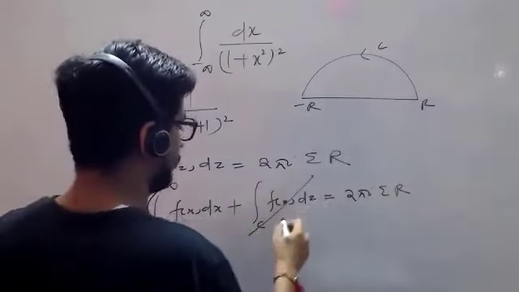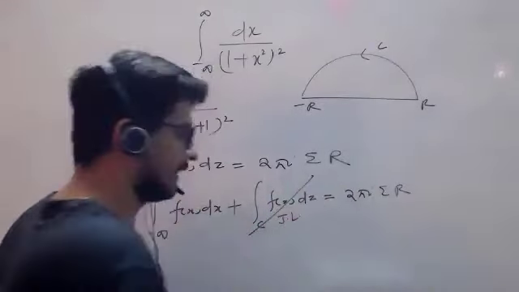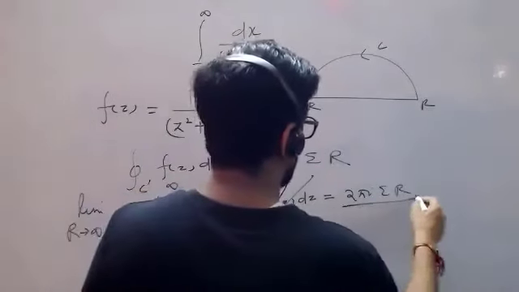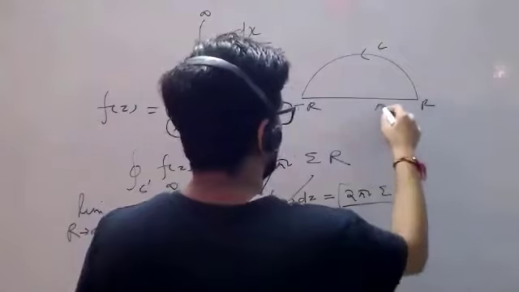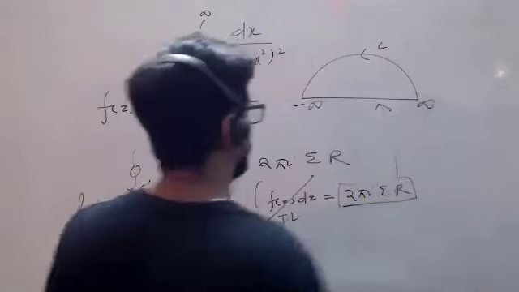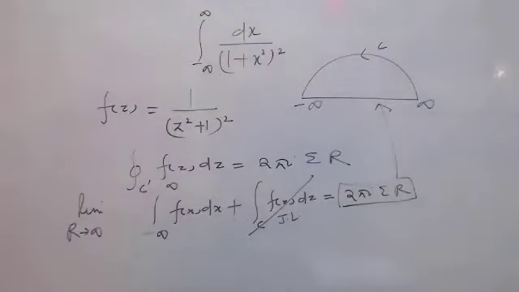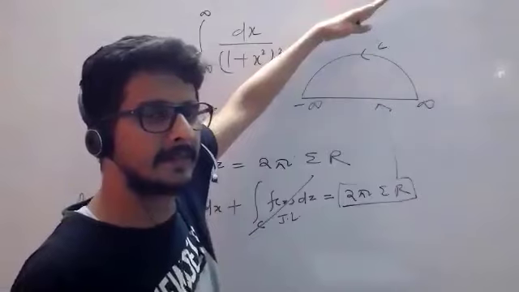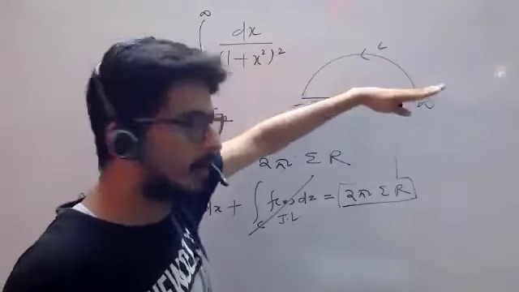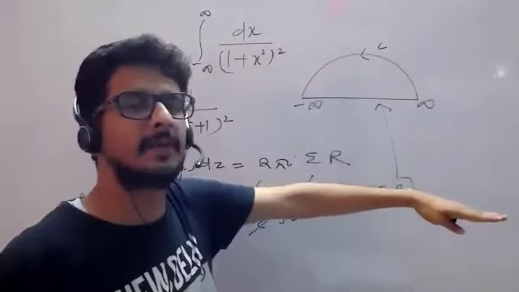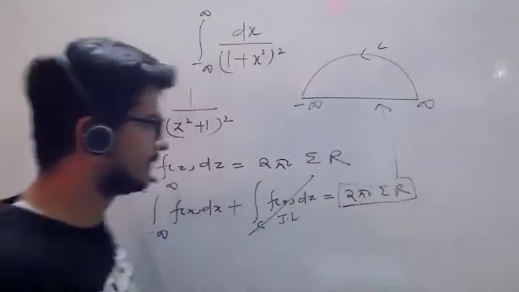So what will become? It will become integral from minus infinity to plus infinity of f x dx. This will be gone. I told you, you can calculate it for yourself, and this will be 2 pi I sum of residues with this contour, and the contour is like this now in this limit. Okay, so all of the points above the real axis will be included, and those on the real axis will be included, but below the real axis will be excluded by this contour.